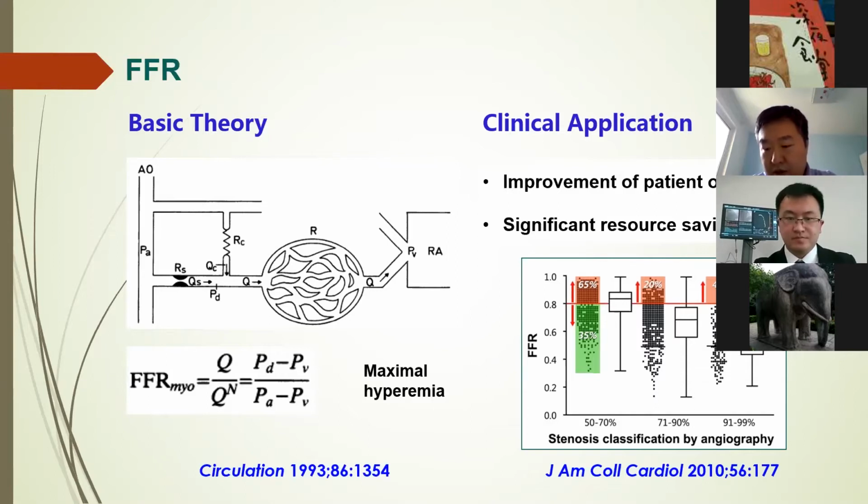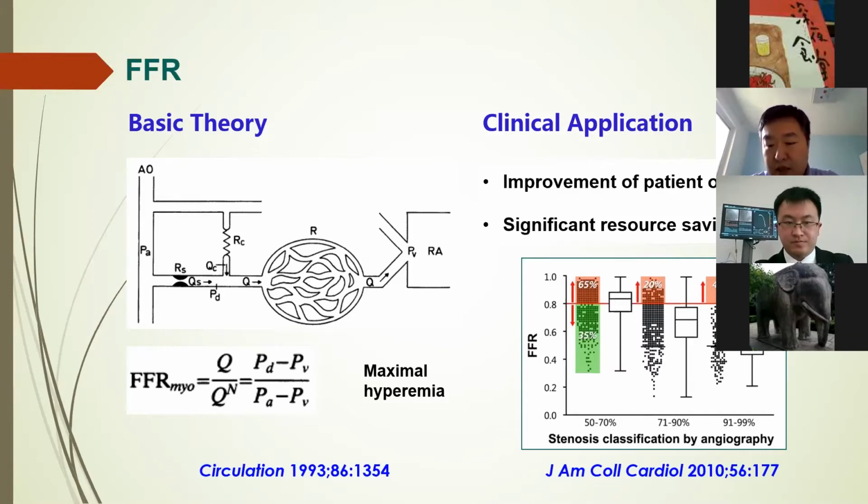But a patient who is normal will not go to the hospital to take the test to determine Qn. So Dr. Pijls from the Netherlands first used some mathematical derivation to derive that FFR equals (PD minus PV) over (PA minus PV).